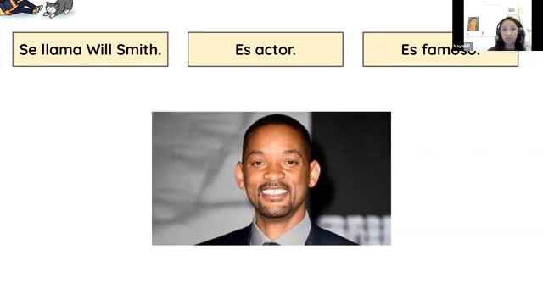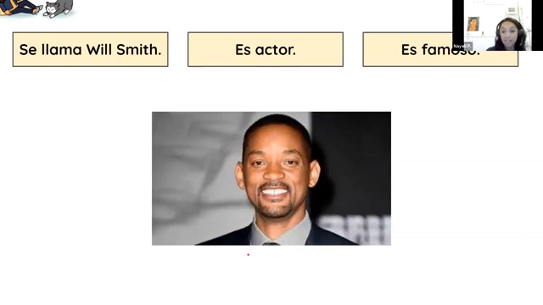Es famoso. Will Smith es actor. Will Smith es famoso. Remember, if you have any questions, you can send me a quick comment in the chat box, or you can ask a question in the Q&A.